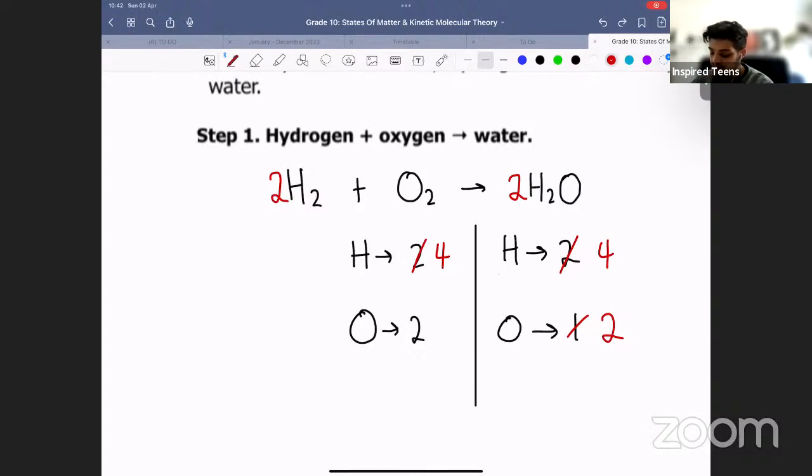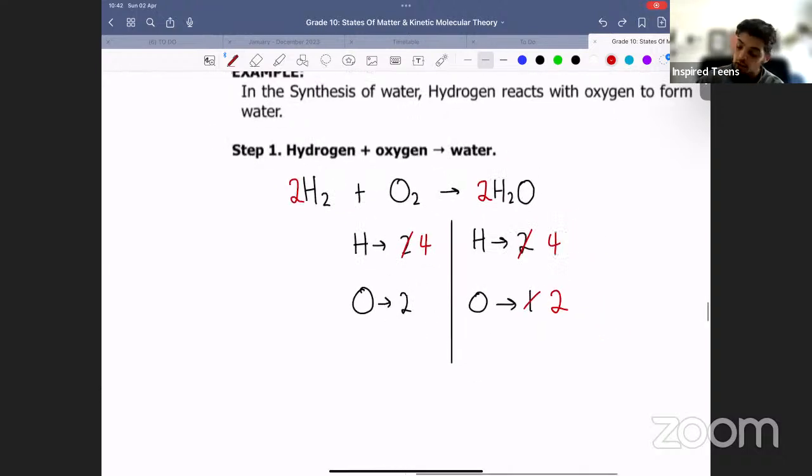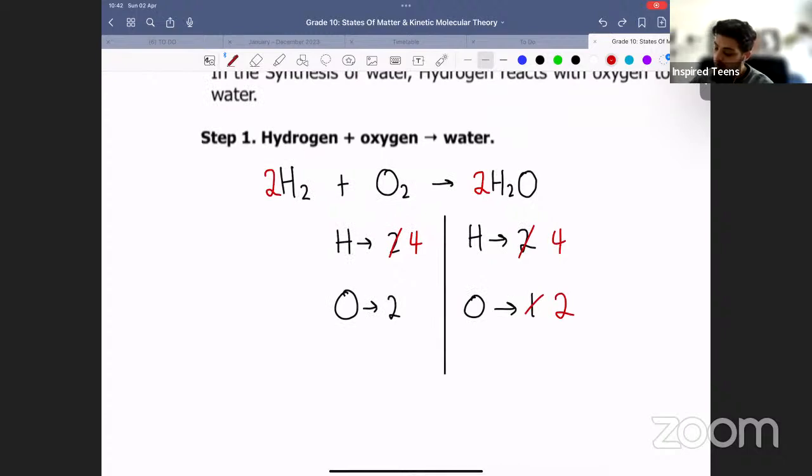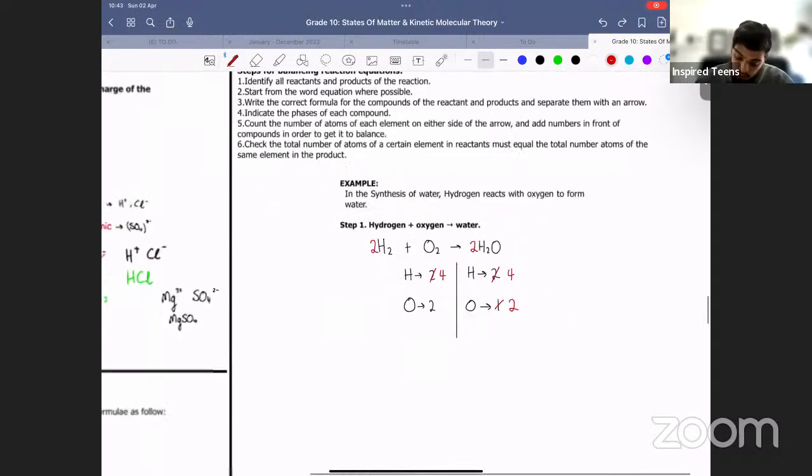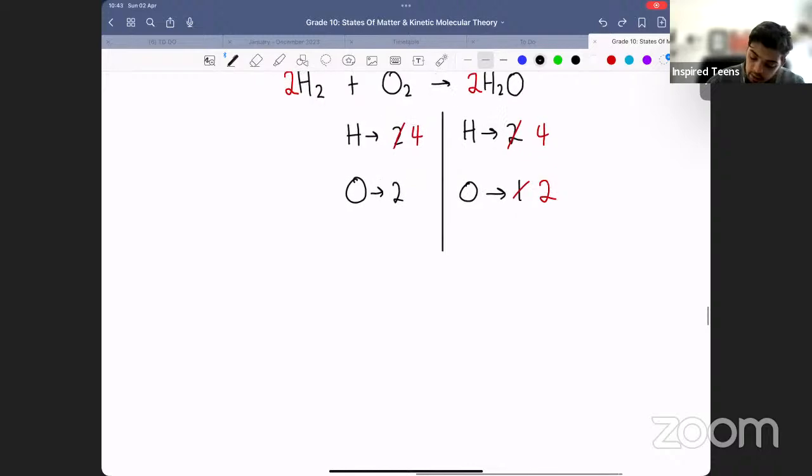Okay, let's try this one. Here we go. Okay, so here's another example. Let's work through it.